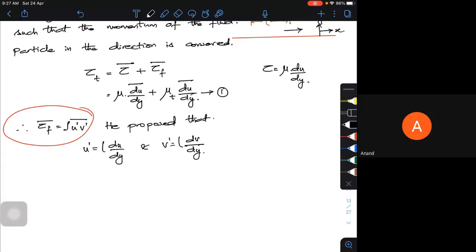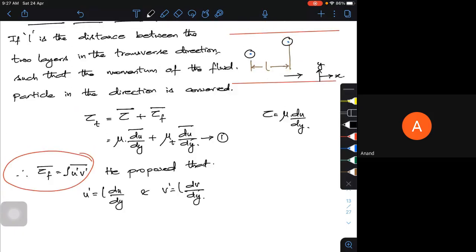So I have the fluctuation components u and v represented in terms of the length L, the distance between those layers.